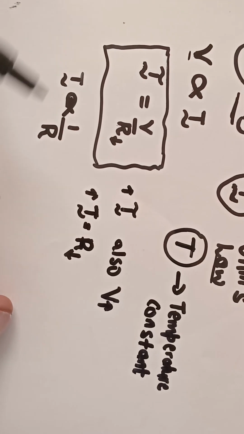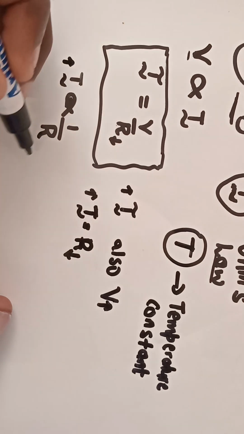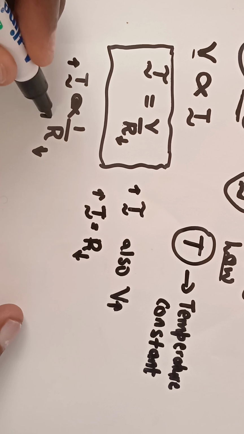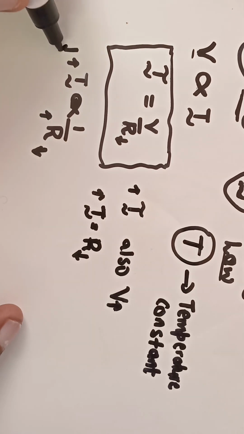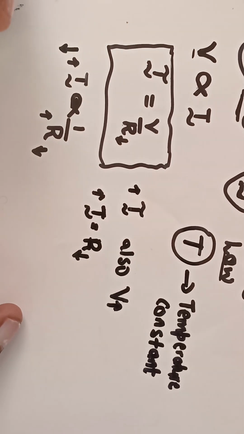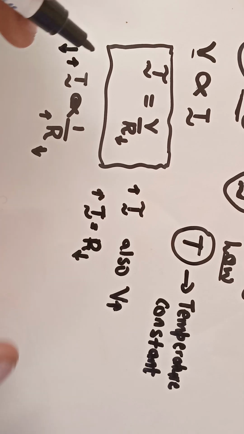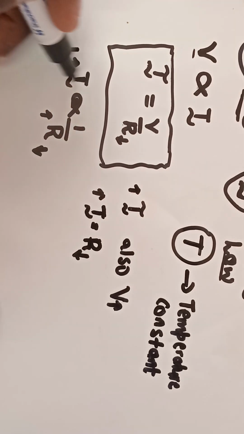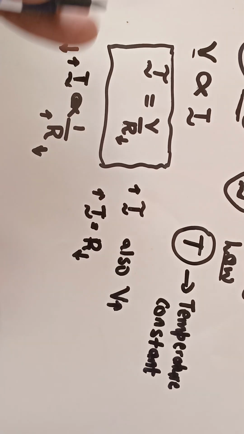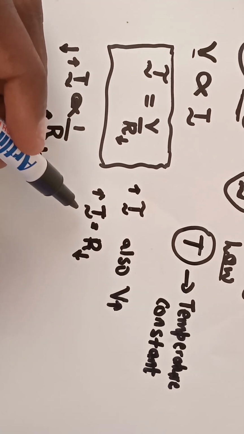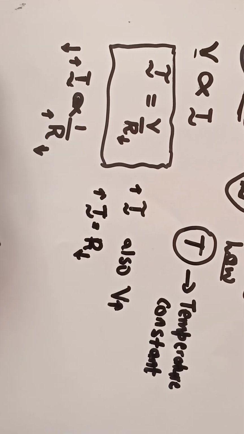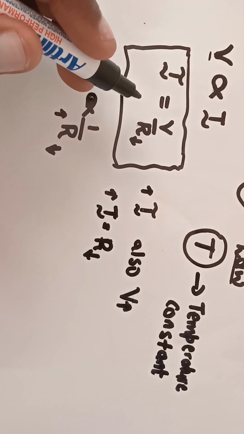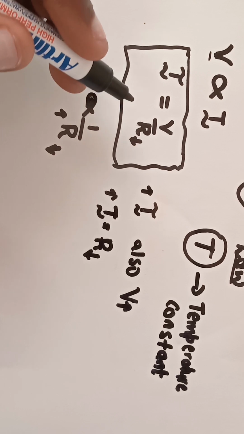So meaning that if we increase I, then R will definitely decrease. Then if we increase R, then I will definitely decrease. That is the reason I increases and R decreases. So this is the equation that you'll see more often.